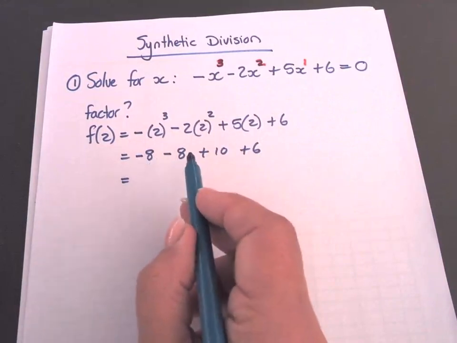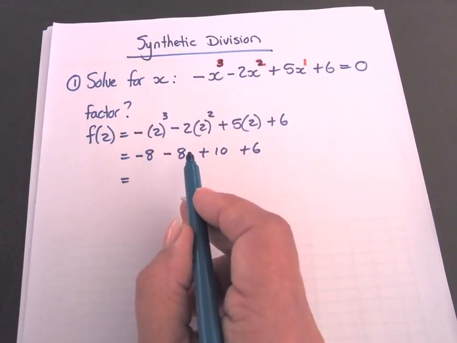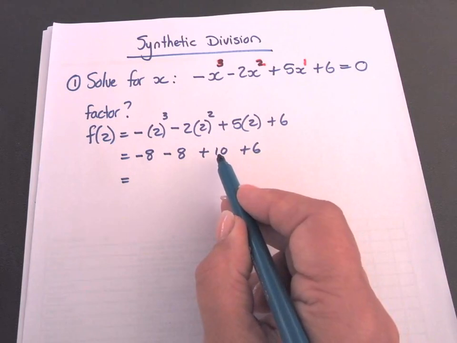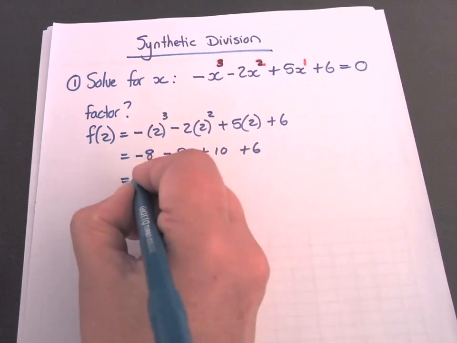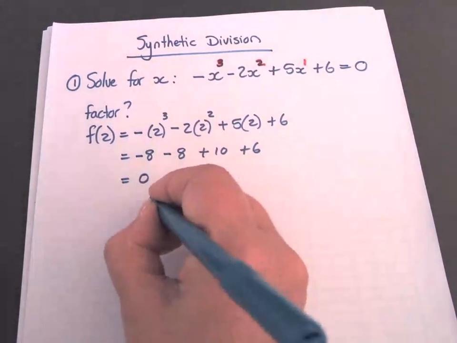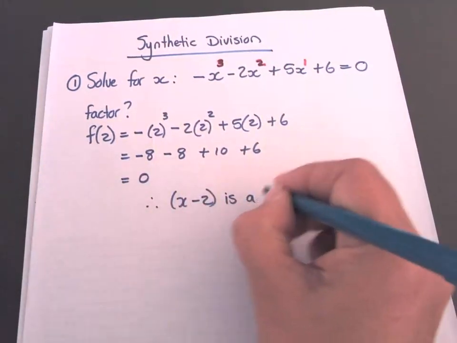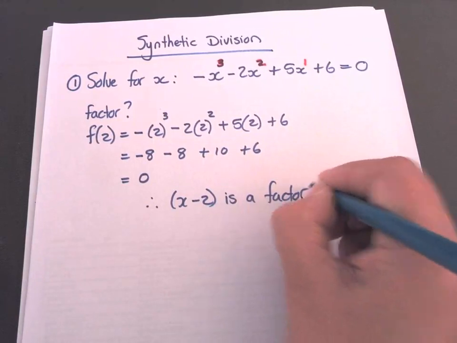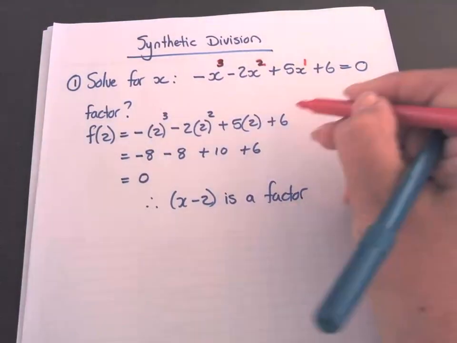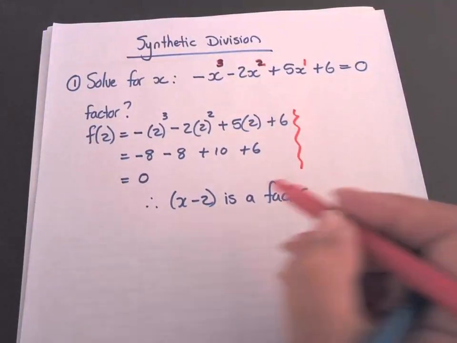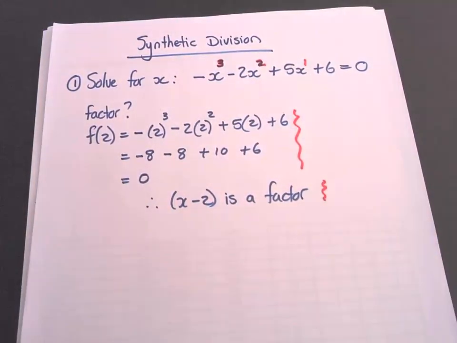Negative 8 minus 8 is negative 16. Plus 10 is negative 6. Plus 6 is 0. Therefore, x minus 2 is a factor. When you do these sums, you must show how you substitute your factor, and you must write this sentence.